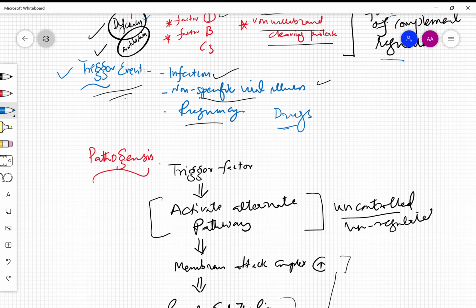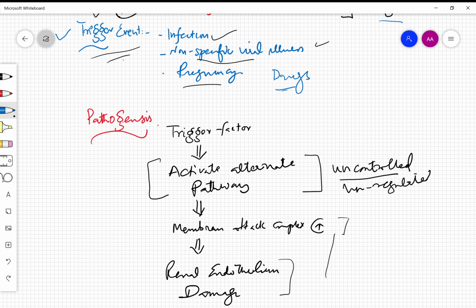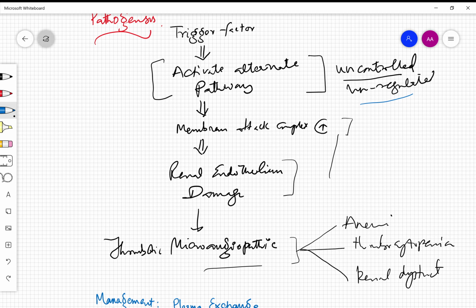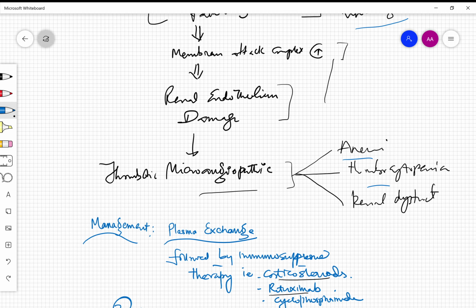So when the trigger factor is present, the alternate pathway is activated in an uncontrolled, unregulated manner, and it leads to the formation of membrane attack complex, and finally renal endothelial damage ensues, which causes thrombotic microangiopathy, leading to anemia, thrombocytopenia, and renal dysfunction.